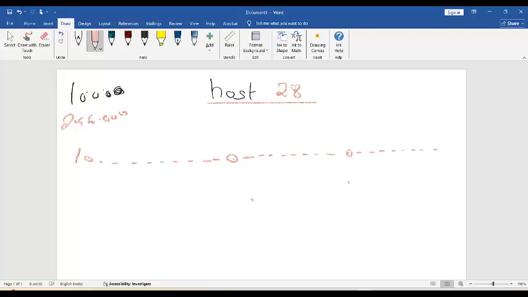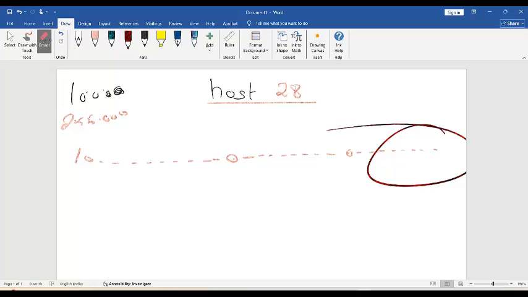Because it is host, we will not focus here, rather we focus here. Host is always from right to left.